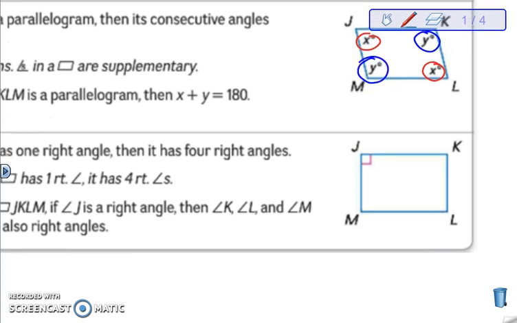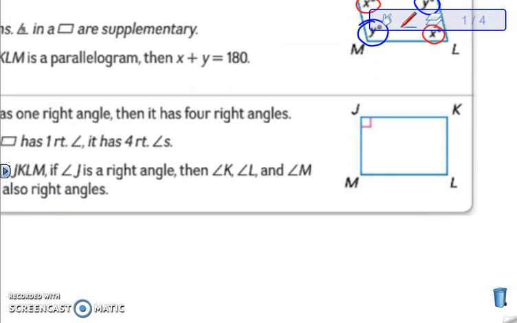And then the last piece, if I give you a parallelogram and I give you one corner that's a right angle, in other words, we have one set of perpendicular sides, then using the rules we had above, the other sides also have to be perpendicular in order for the congruence and supplements to work out properly. So if I have a right angle in the top corner, I have to have one in the bottom corner to make those two supplementary. And if I have a right angle at J, I have to have a right angle at L because those two are supposed to be congruent.